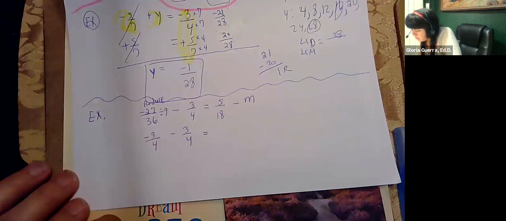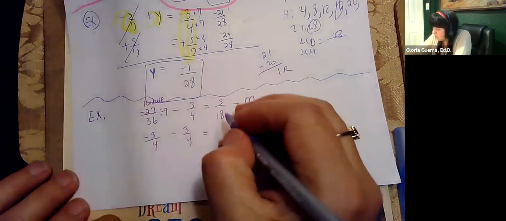Okay, so I'm reducing that, and that gave me -3/4. I'm just copying everything else down.